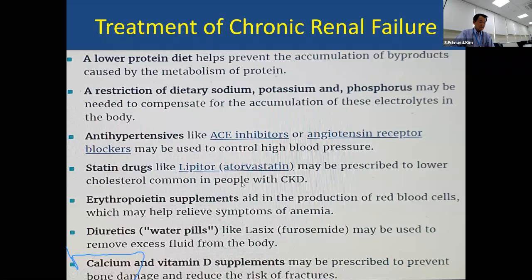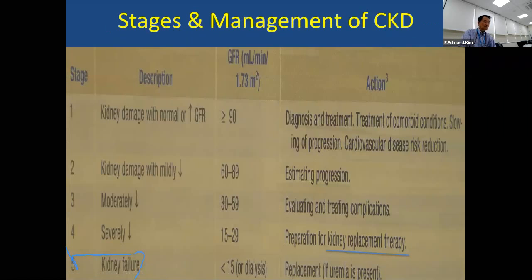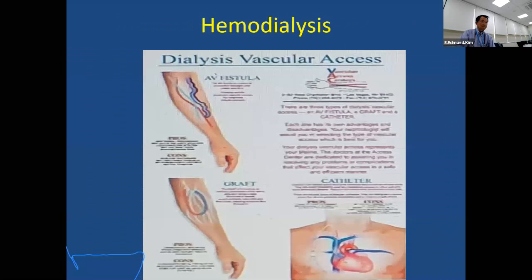Atorvastatin is helpful to lower cholesterol, erythropoietin to correct anemia. As I mentioned earlier, diuretics to wash out fluid better, and supply calcium and vitamin D for bone, and other parathyroid problems. So again, it's a similar thing.